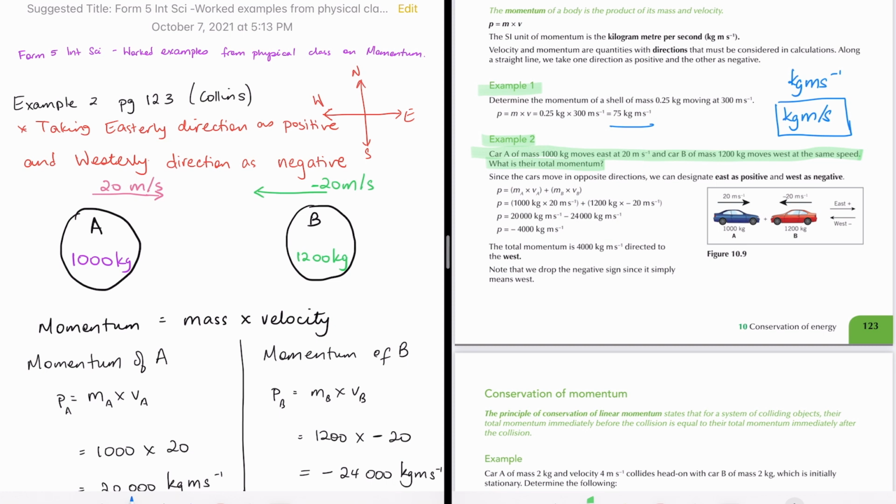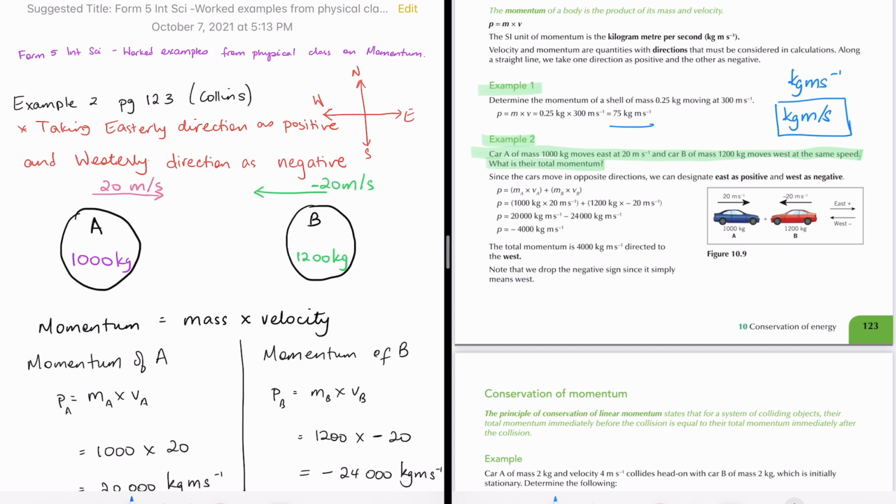In order to get the total momentum, we would need to find the momentum of vehicle A and add it to the momentum of vehicle B. But remember that momentum is a vector quantity, and because it's a vector quantity, direction is important.